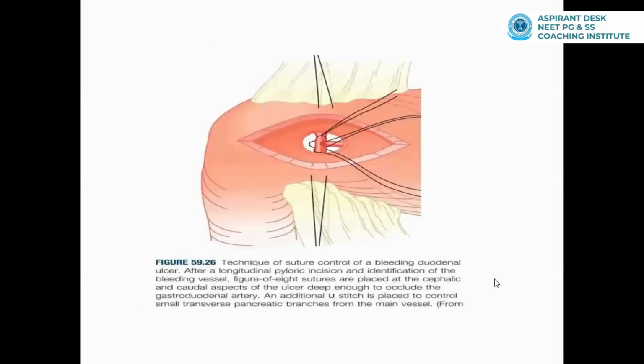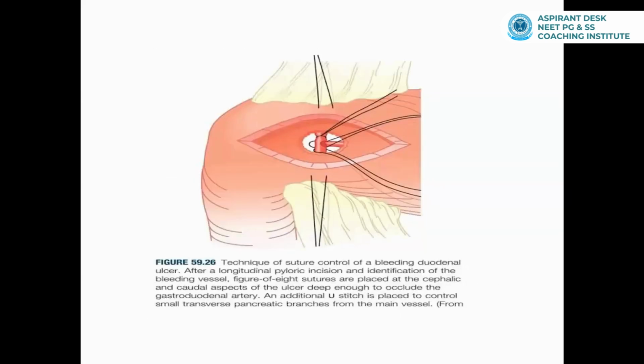This is a picture showing the typical U stitch. The additional U stitch is placed to control small transverse pancreatic branches from the main vessel. So this additional U stitch is placed to control the bleeding from the small transverse pancreatic branches.